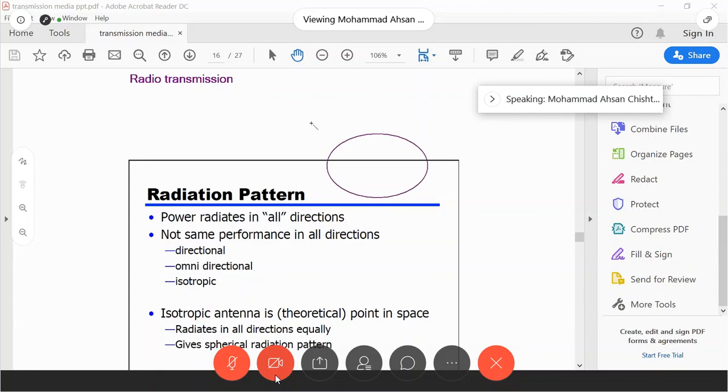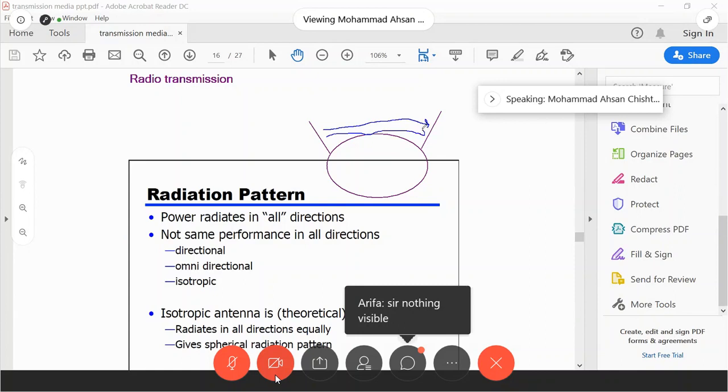We have a tower here, and a tower here. If I use simple transmission, one can be transmitted directly, or there can be waves called ground waves.